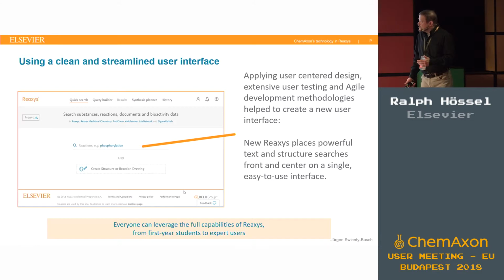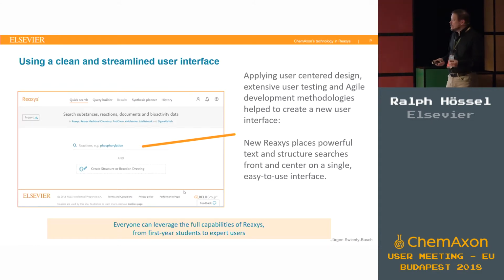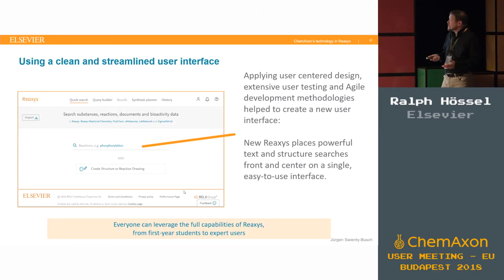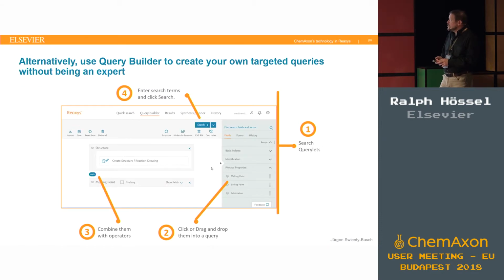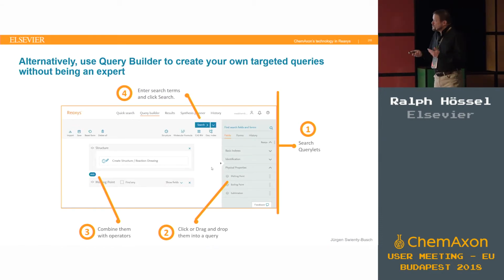The new Reaxys interface is now quite clean when you come to the first screen. So you just have the field which allows you natural language questions or drawing a structure immediately. But of course, you can enhance it to a very detailed search mask like you know it from the previous versions of Reaxys and Crossfire.